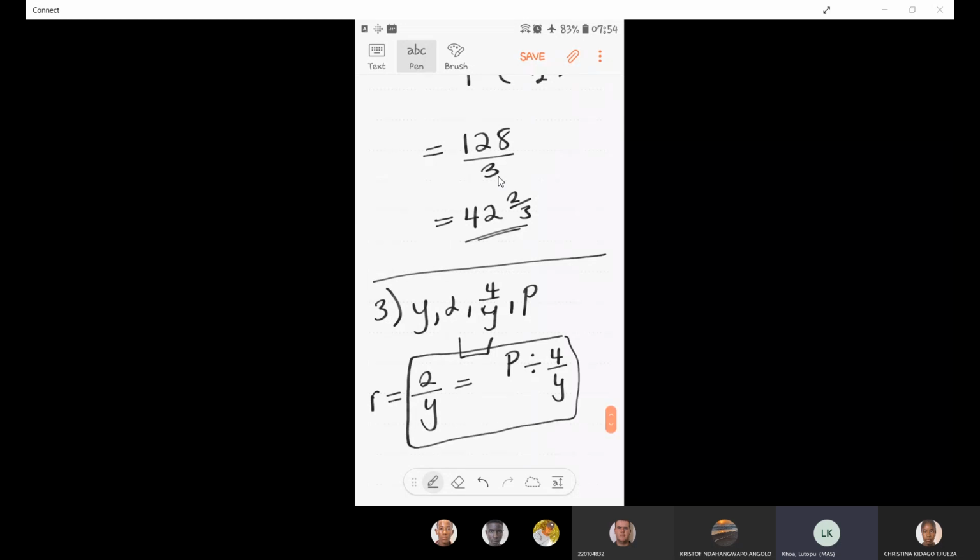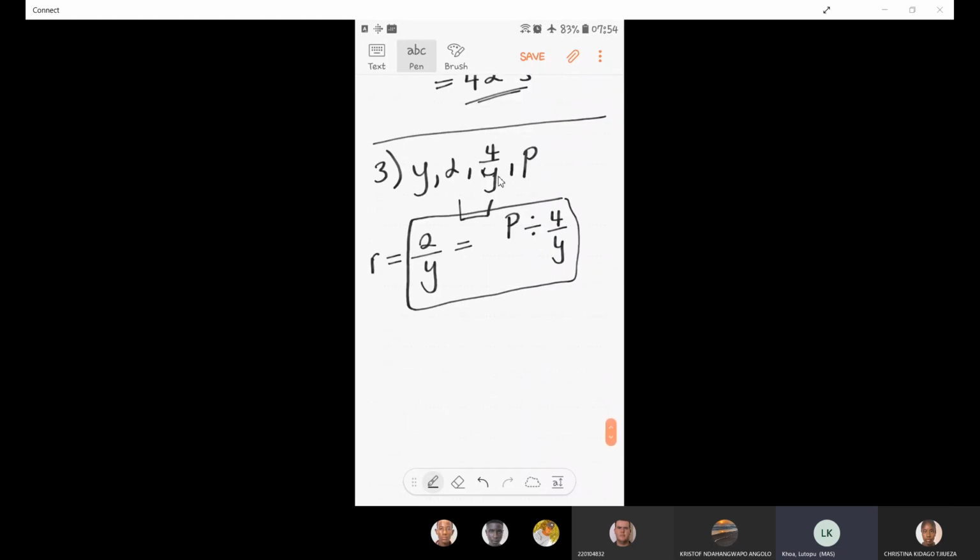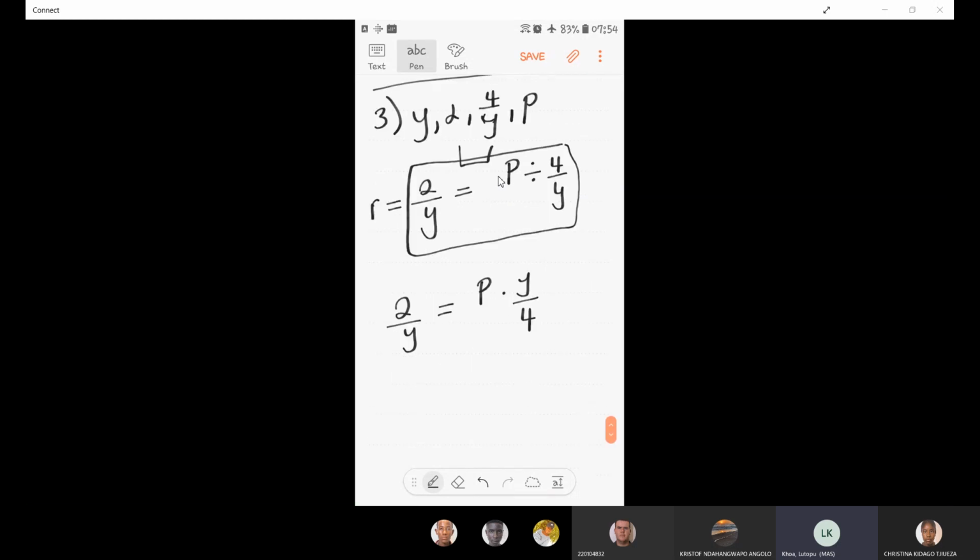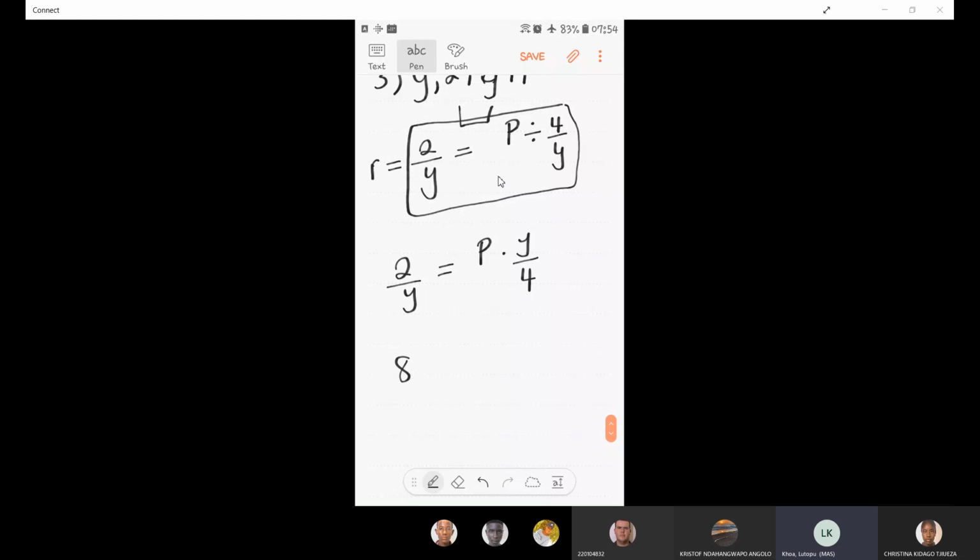Okay, so taking these two, what I want is to just express P in terms of Y. Now this one is simple to do, so I have 2 over Y equal to P times Y over 4. Then you multiply by 4 on both sides. You get 8 over Y. So this is just making P the subject of the formula.